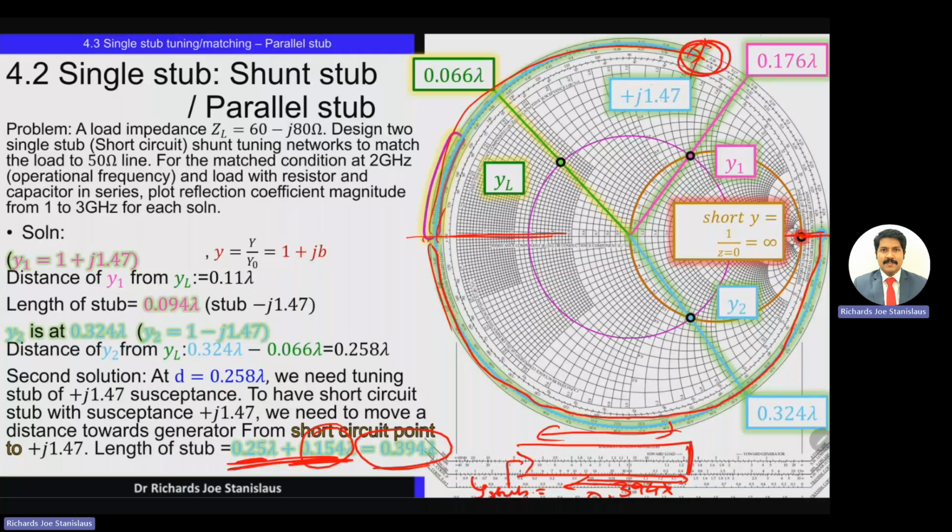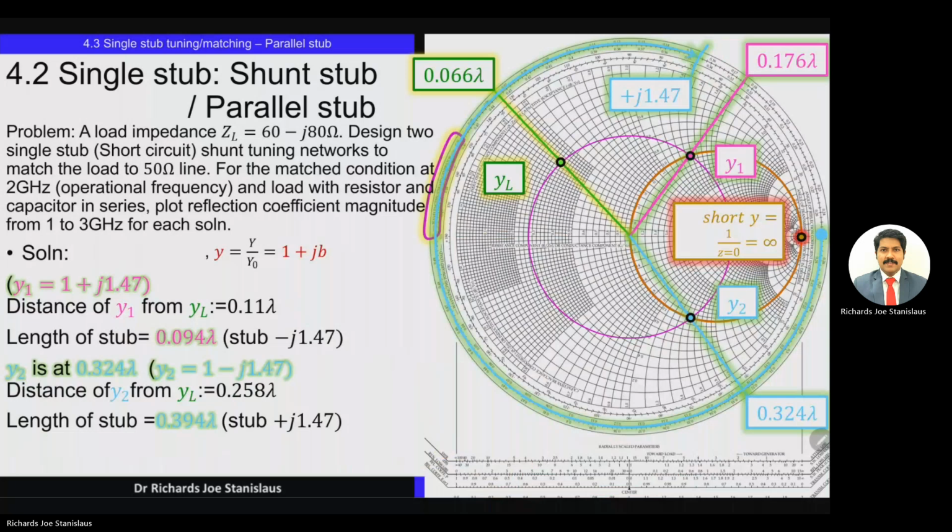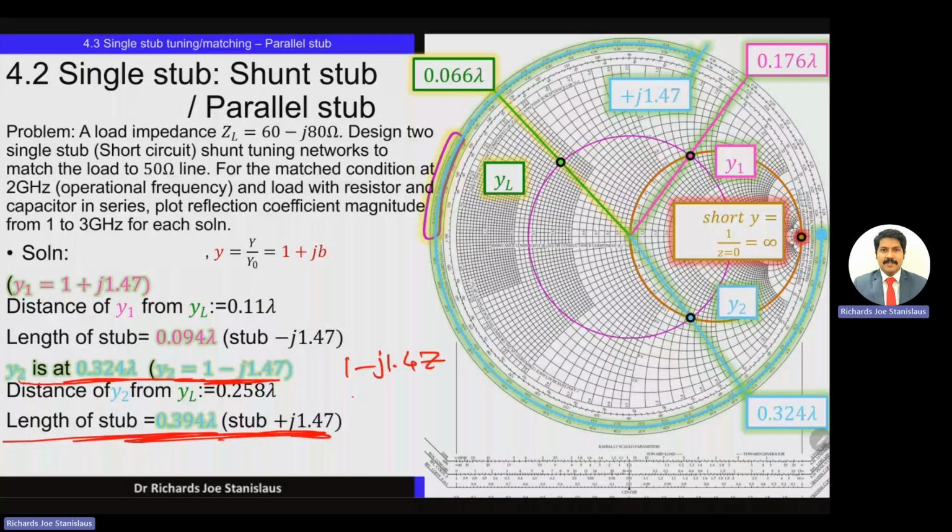So when we attach this stub in parallel, the +j1.47 stub is available from the short circuit at a distance of 0.394 lambda. When we attach this to the Y2 point, which has 1 minus j1.47 as admittance, we are attaching this parallel stub having an admittance of +j1.47.